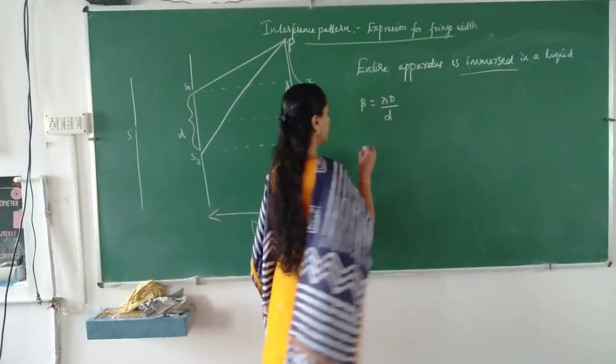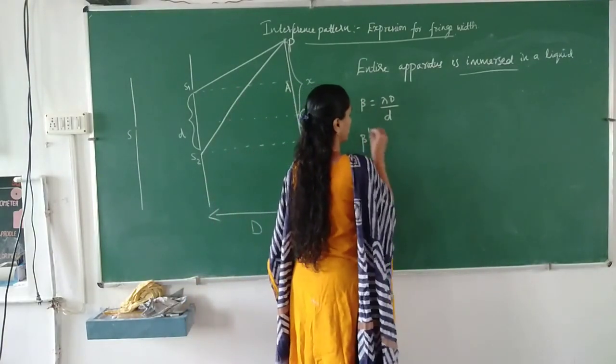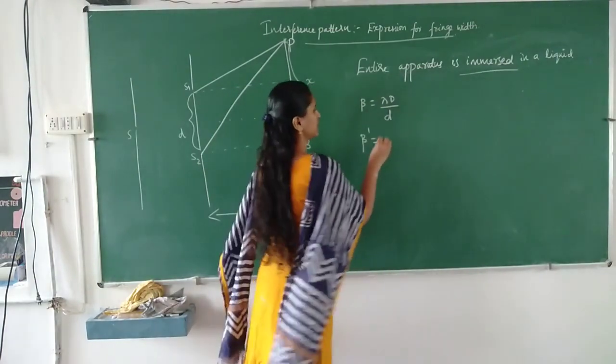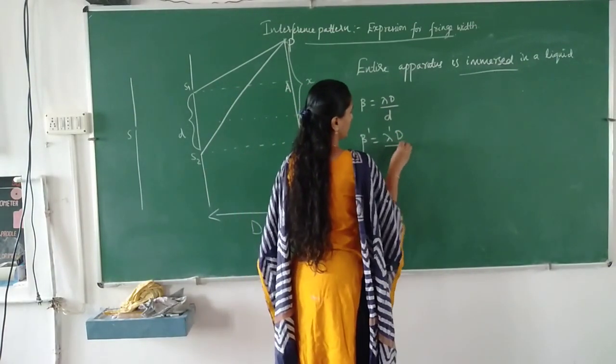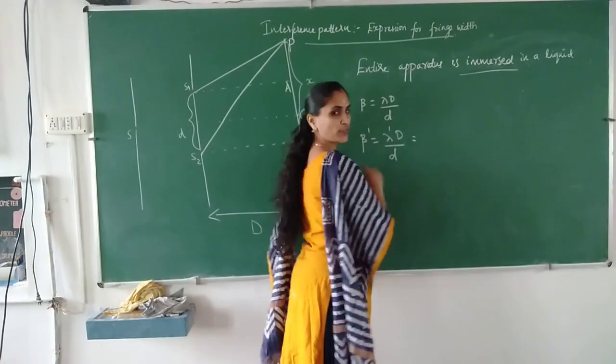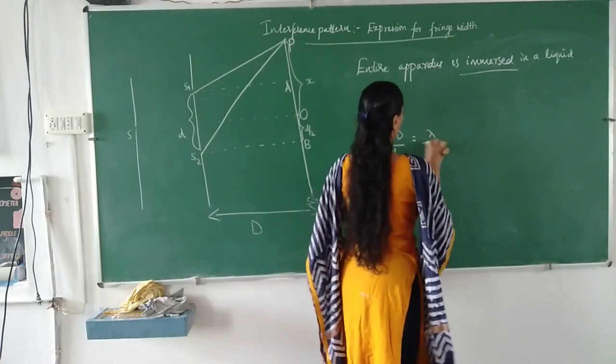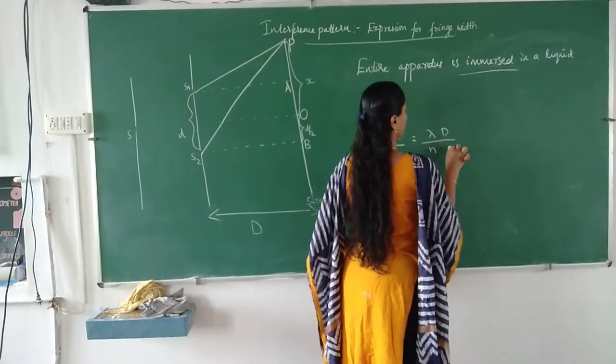Okay, and for the new fringe width we can write beta dash. So, the new fringe width can be written as lambda dash into D by d. Or instead of lambda dash, we can write lambda by n into D by d.